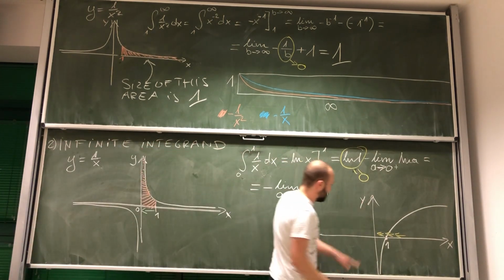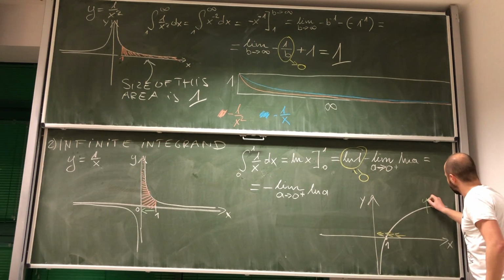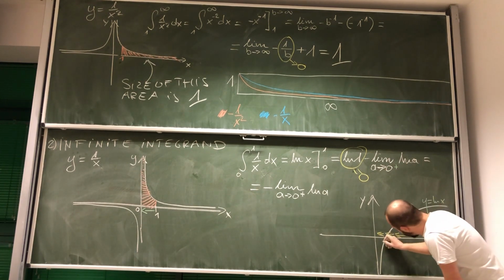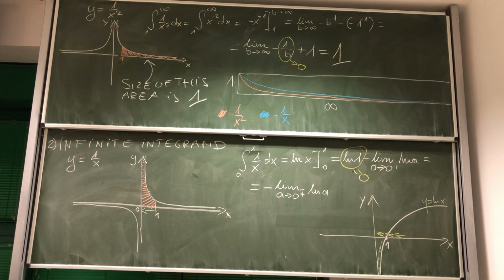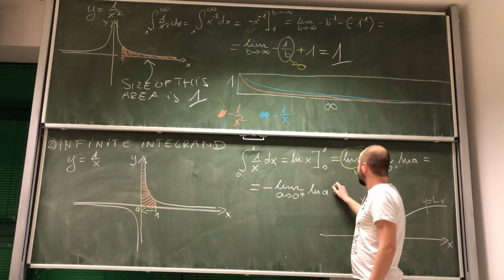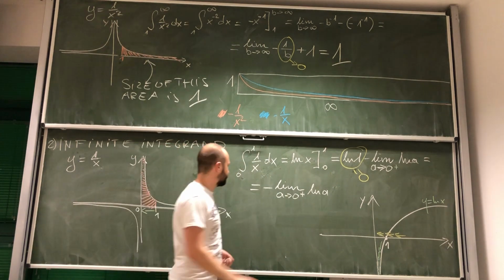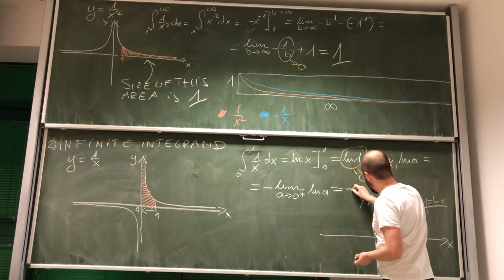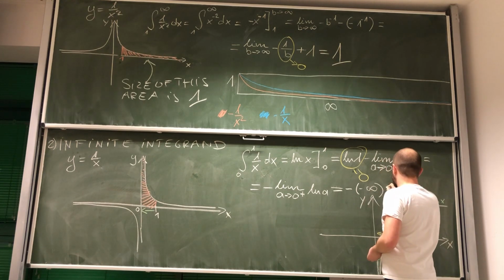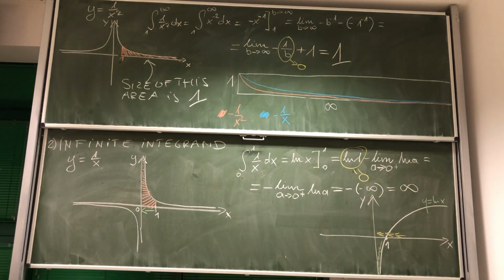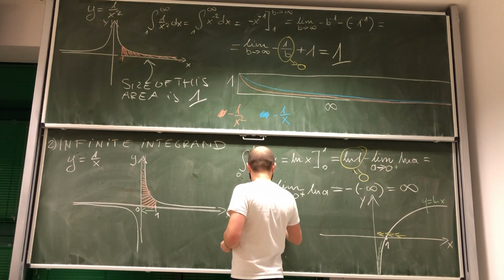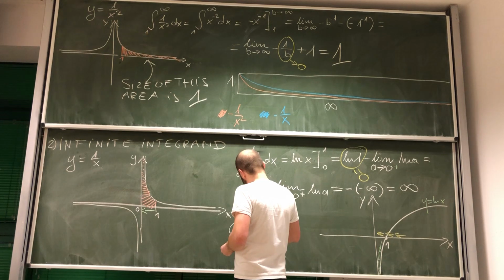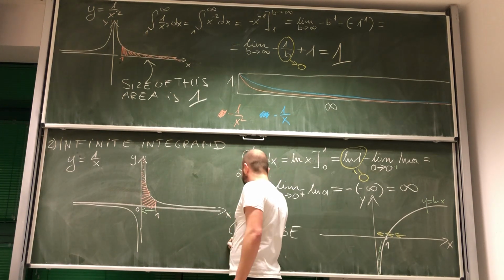Y, so ln x, is getting lower and lower. Where does it go? To negative infinity. So what we get over here is minus negative infinity, which gives us infinity. And again, we have a situation in which area cannot be calculated.